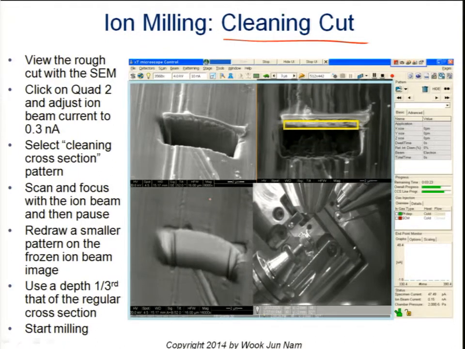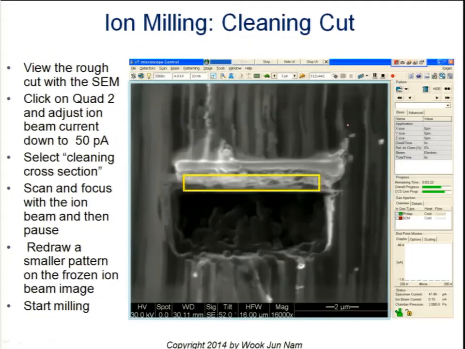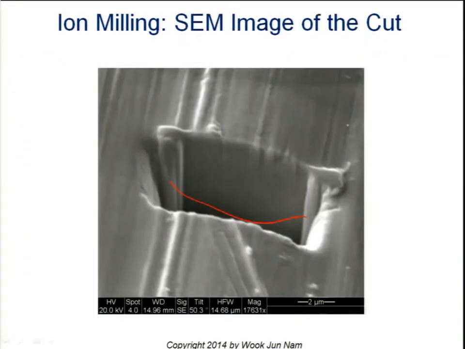For this kind of cleaning cut, what you need to do is the same. You decide how much you want to do the cleaning cut, and after we fix the area we want to cut, we select the ion beam energy and ion beam current, and just push the button, and it makes the cleaning.